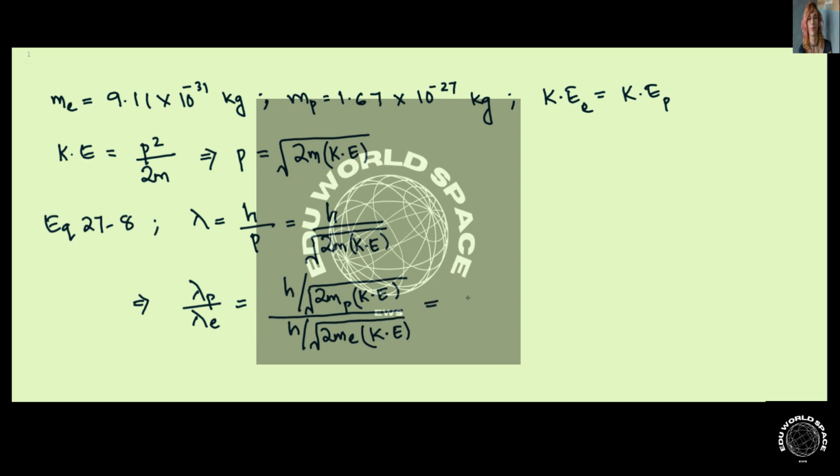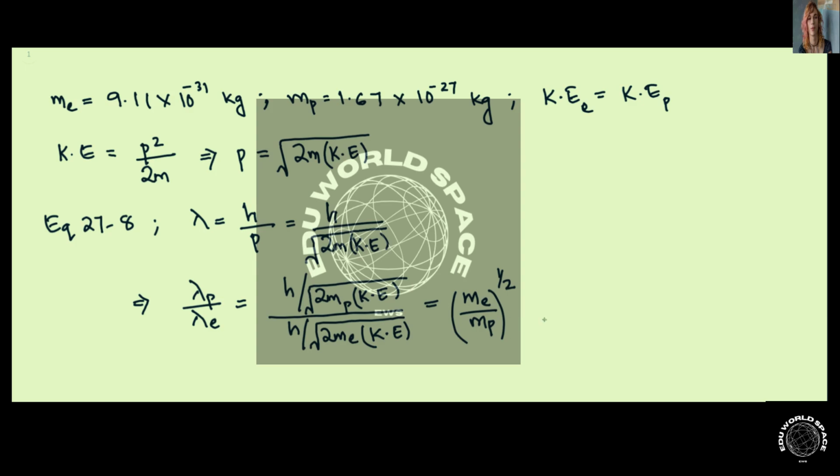So this then reduces to m_e over m_p, whole root. Now we just need to prove that the wavelength of a proton is shorter than the wavelength of an electron. So we don't need to calculate this value. We can simply see from here that the mass of the electron is less than the mass of the proton.